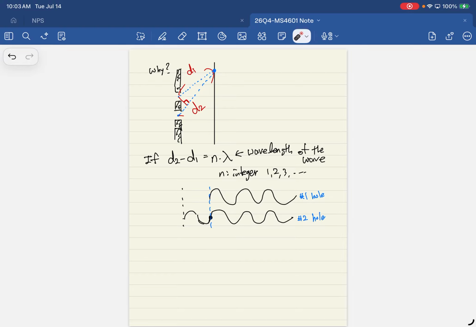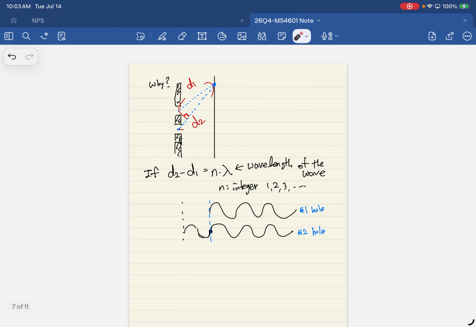It can be 2 lambda, starting from this point, or 3, 4, 5. As long as that is a multiple of lambda, we get complete constructive interference. That is how we can understand why we have a maximum.